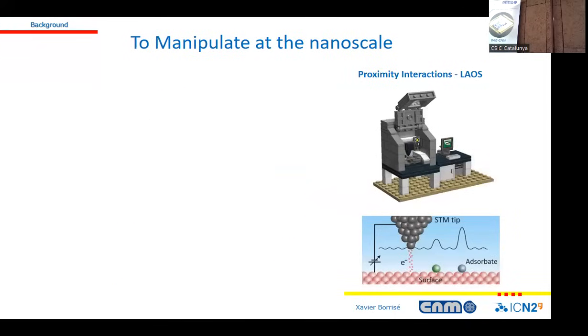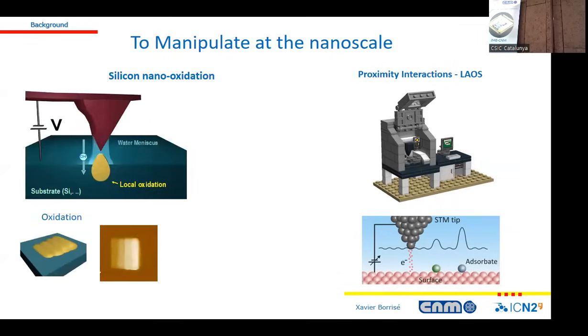And when we want to manipulate using proximity interaction, basically what we did here in the past, we are mostly not doing now, but it's still possible. It's local oxidation of the surface. In that case, silicon. We apply a voltage in ambient conditions. We have humidity, and you can use this humidity to oxidize the surface.